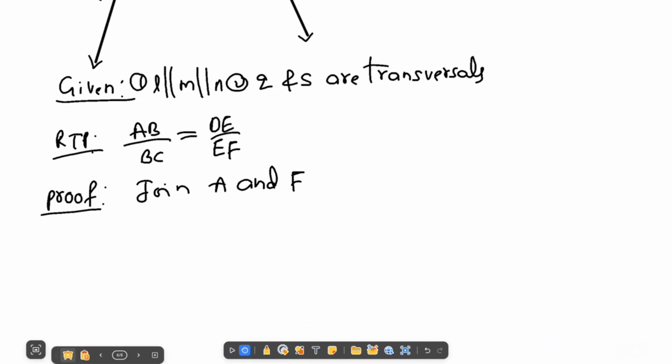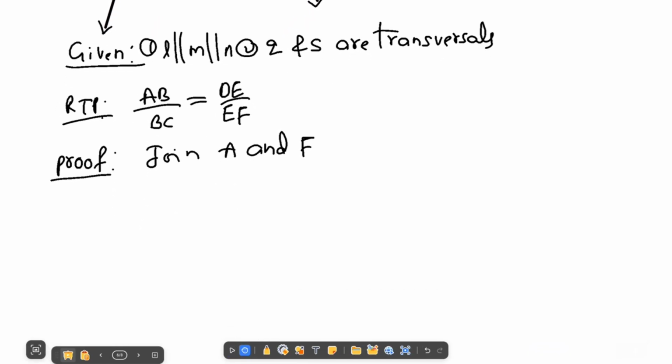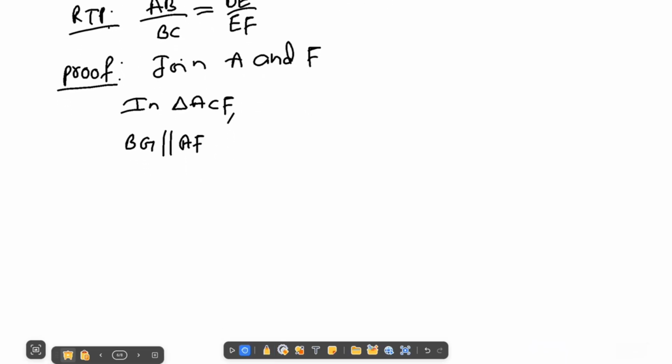So we can write like this. In triangle ACF, we can say BG is parallel to CF. So here you can mention the basic proportional theorem. According to basic proportional theorem, we can write like this.